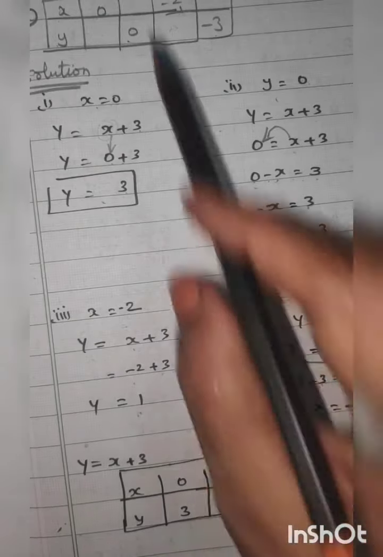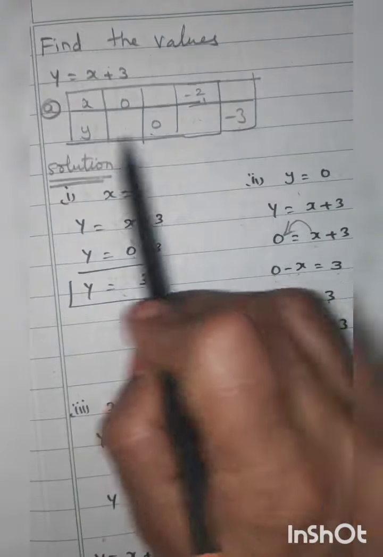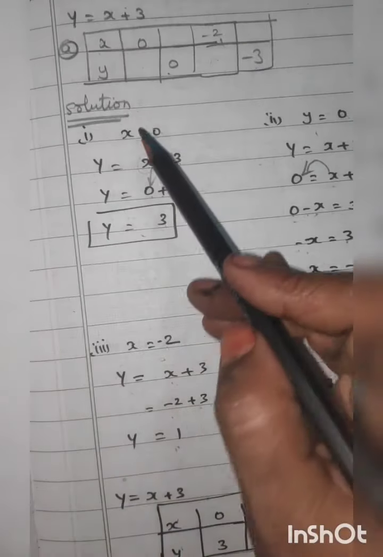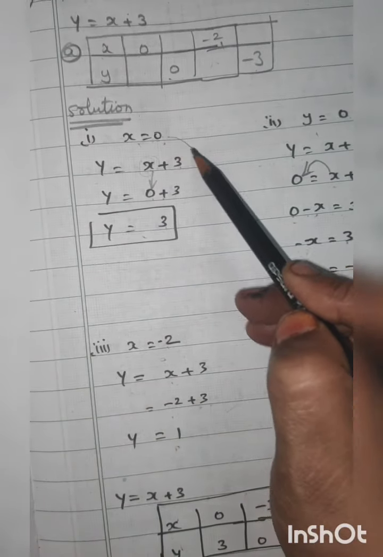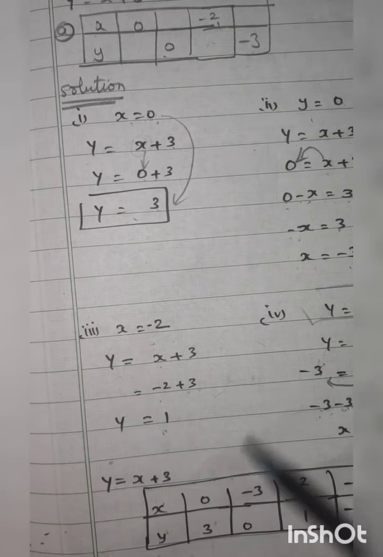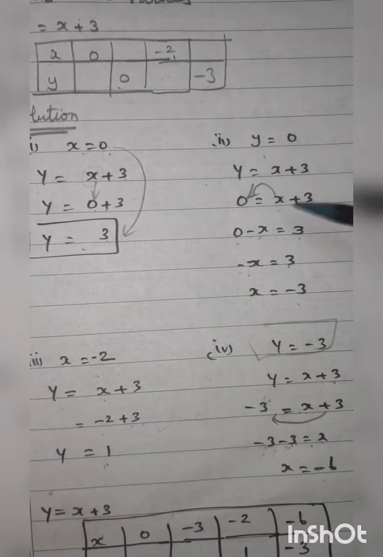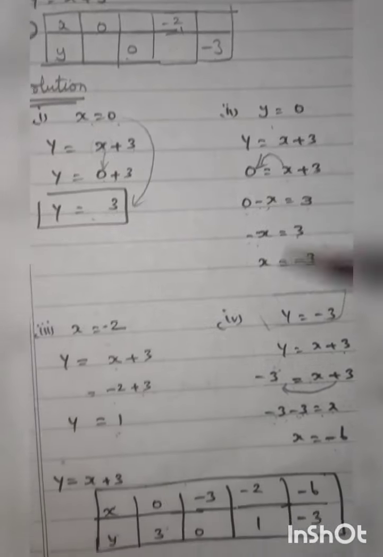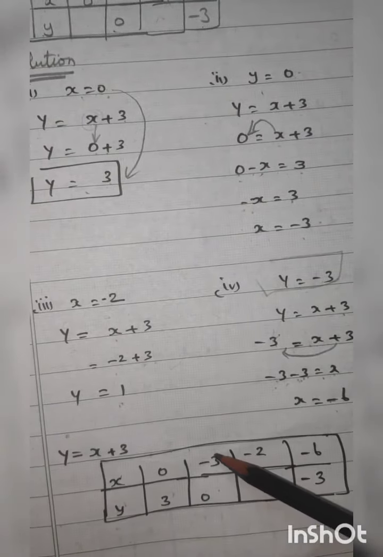Keeping it in the column like in the question, you also draw the x, y column. First question, what is the question? 0. For 0, what is the answer? 3. So for 0 you write 3. Next for y equal to 0, the answer is minus 3. So here 0, there you write minus 3.